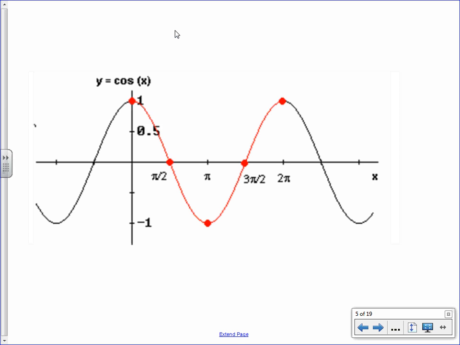We plug angle measures into our trig functions, and so the x-axis is always going to be angle measures. Our y-axis will be our output values, the values we get after we plug in those angle measures. So those will all be real numbers.